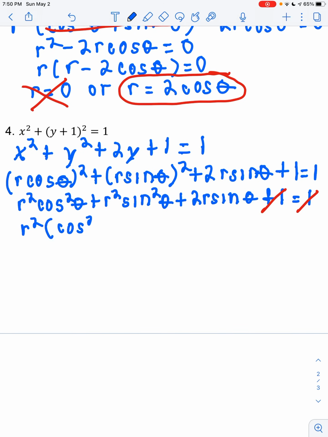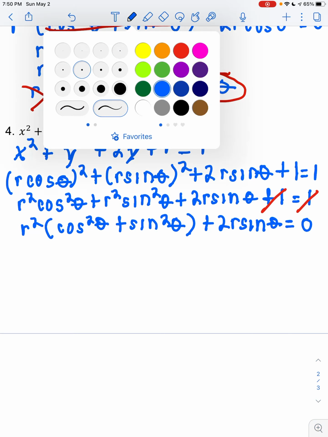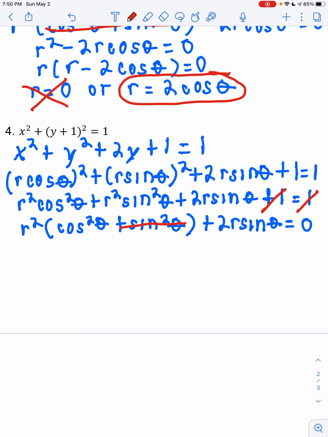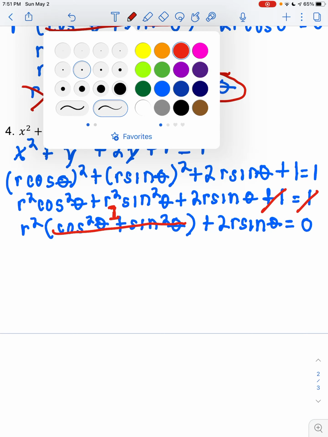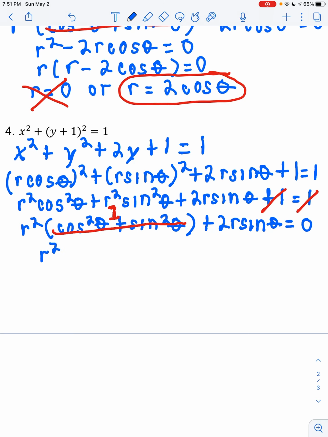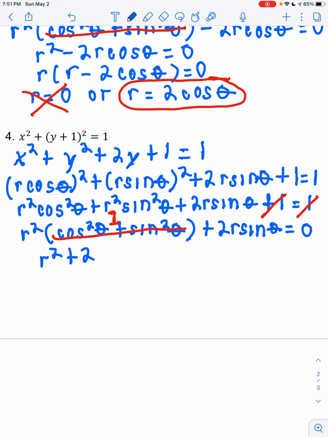So we'd have cosine squared theta plus sine squared theta. And then we have plus 2r sine theta equals 0. So, of course, the cosine squared plus sine squared cancels because that's equivalent to 1. And we really have r squared plus 2r sine theta equals 0.